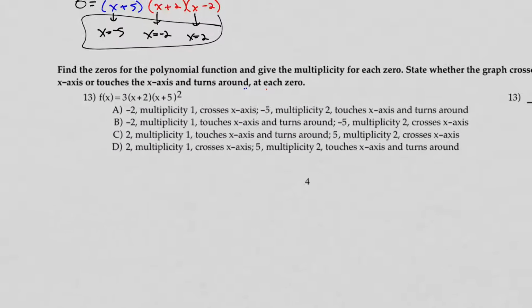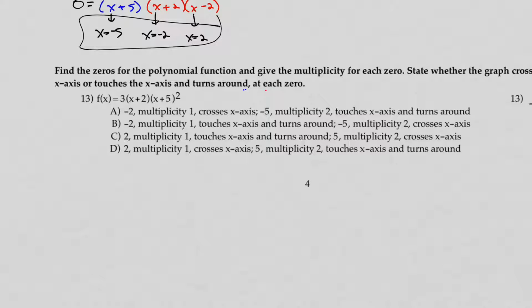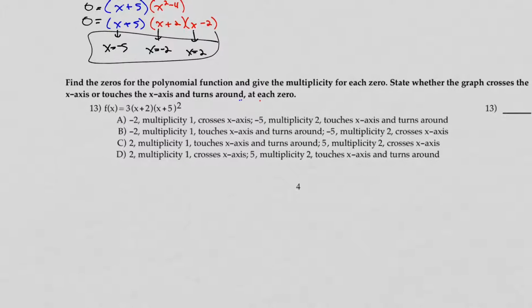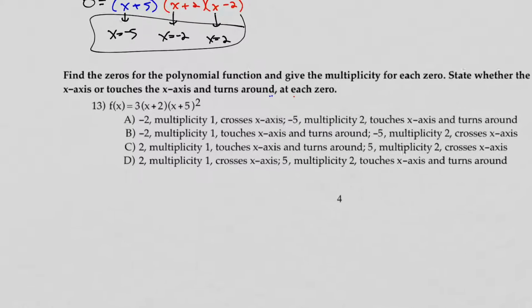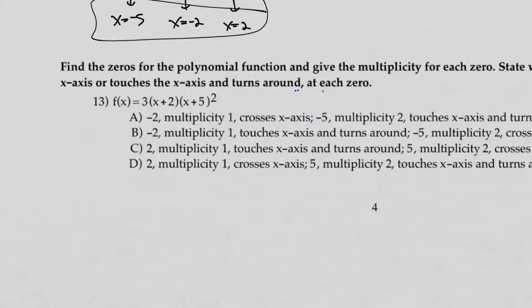Okay, so now we want to know not only the 0, but we want to know the multiplicity and if it touches and turns or crosses. So if we look, there's a 0 right here and a 0 right there.